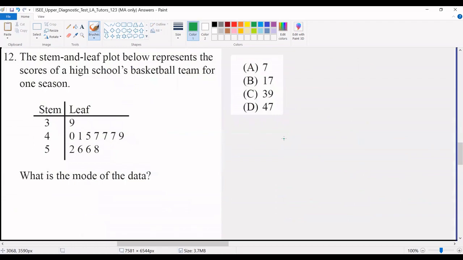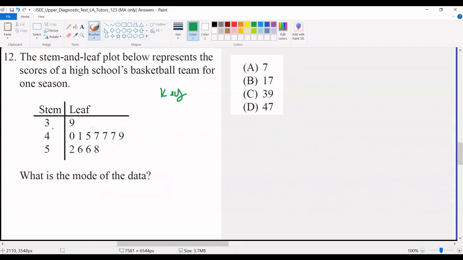On to number 12. The stem and leaf plot below represents the scores of high school basketball teams for one season. So we have our stems here and our leaves here. If we look at the answers here, it looks like the key for each of these stem and leaf values would be the stems represent tens and the leaves represent the ones place.